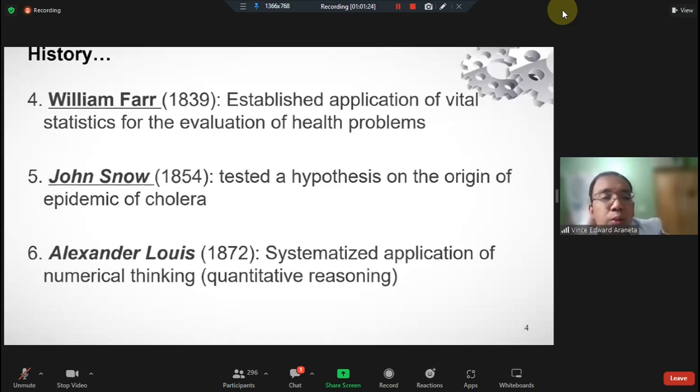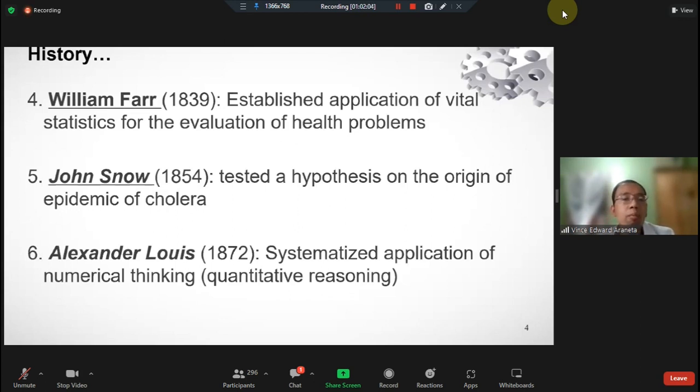I could have shown you the story of John Snow, not the one in Game of Thrones, but the one who tested the hypothesis on the origin of the cholera epidemic. He revolutionized the steps of scientific investigation, and formalized the field of epidemiology through the steps that he made. The medical society during that time would not have been able to discover the cause of the epidemic without the great contribution of Dr. John Snow.